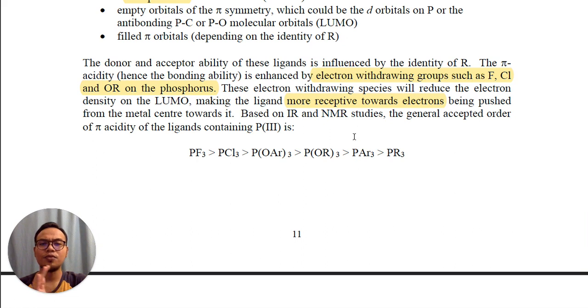You don't have to really memorize this, but of course you have to know the order. To understand the order, you must understand the electronegativity of your group, because from the electronegativity, you will understand the ability of your group in pulling the electrons towards itself, making your ligand more receptive.